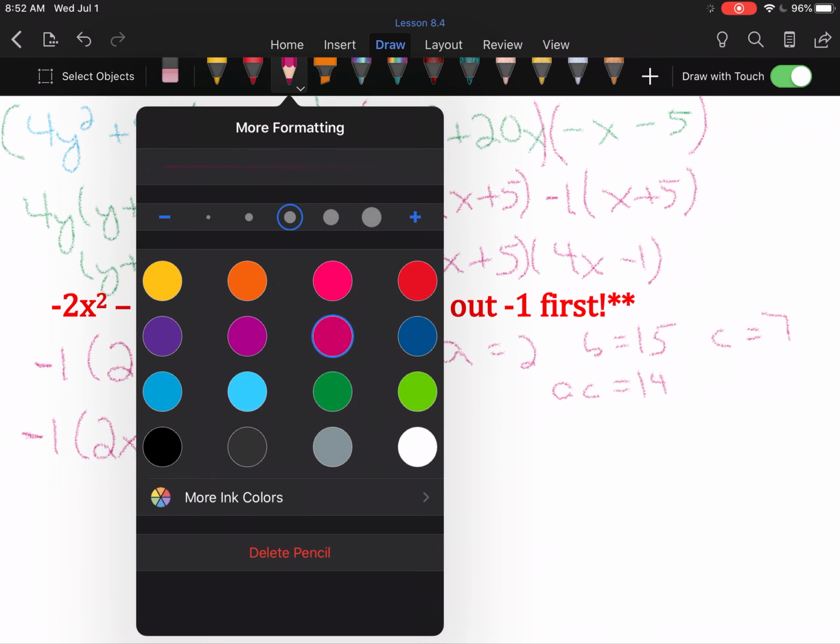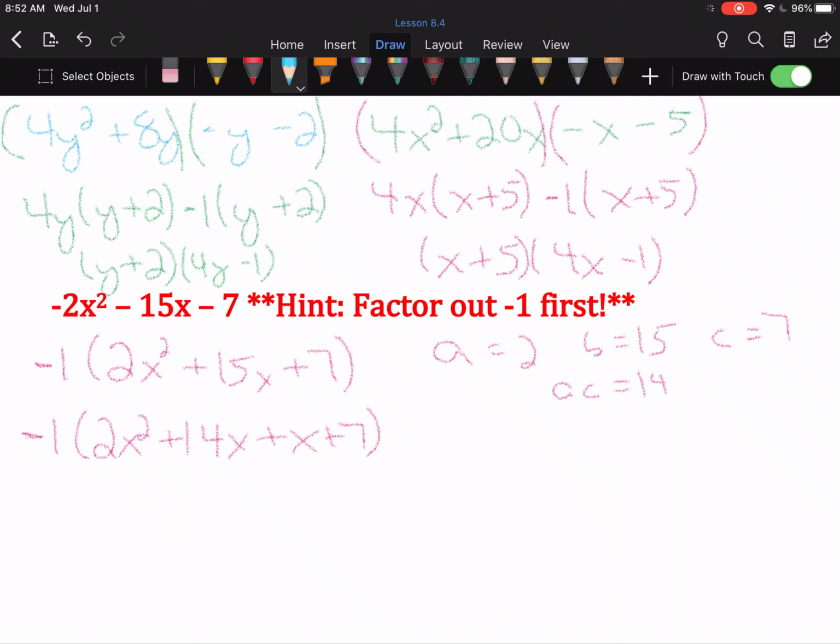Now we are going to group as normal. And yes, we're doing this inside the parentheses. It's fine. First two, last two. The negative 1 carries along. For the sake of simplicity, I'm going to put a big bracket here right now. So 2x squared and 14x have a common 2x.